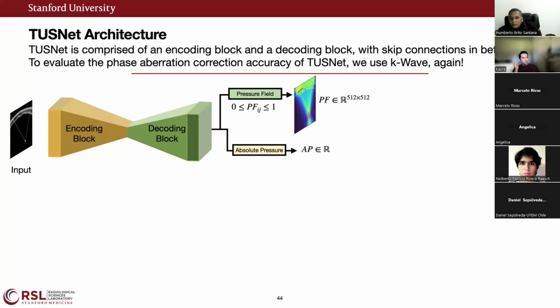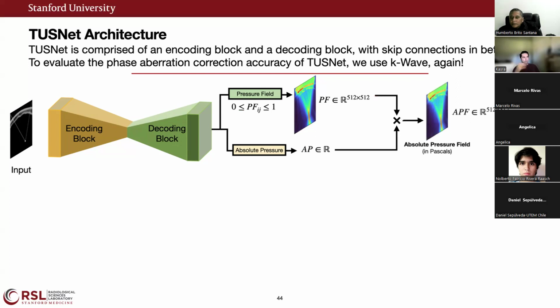But along with that, another output we get is the absolute pressure, which is a scalar value. This helps us rescale the normalized pressure field back into the units of Pascal so that someone, a physicist or a researcher who's using this, can actually make sense of the amount of pressure that they are depositing at the target. And then we can use what we have to compare against ground truth.